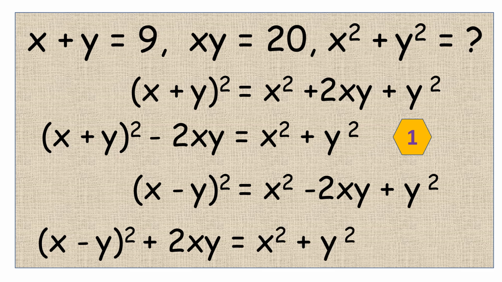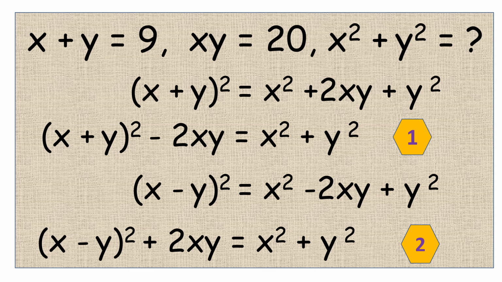So you have your x minus y all squared. Now you have your minus 2xy, which was on the right-hand side, crossing over to the left-hand side, now becoming plus 2xy, and is equal to what you have left on the right-hand side, which is x squared plus y squared. This is equation 2.